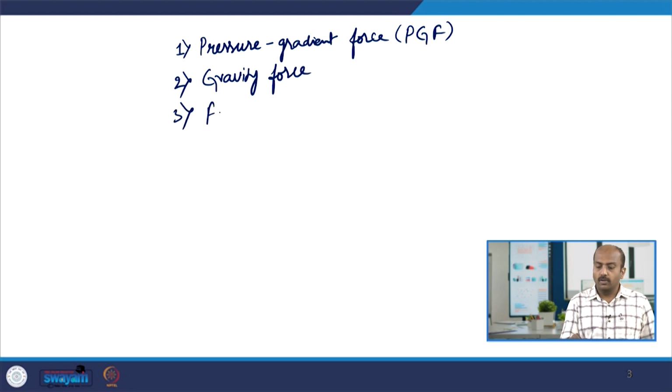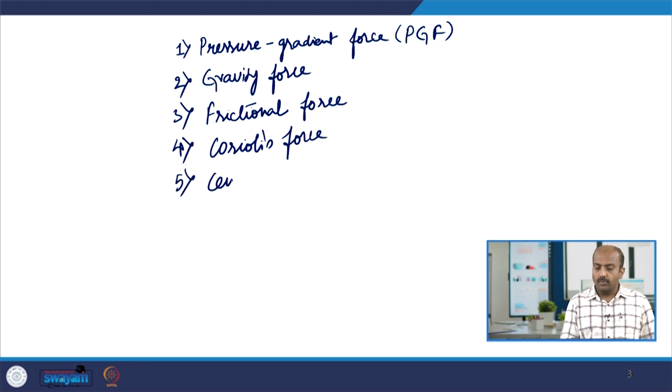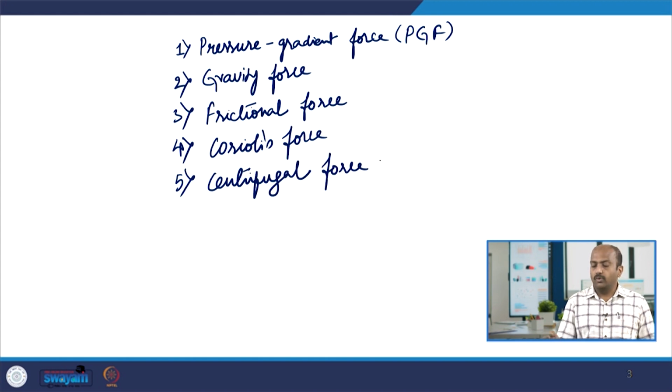Then you have the frictional force. Then you have the Coriolis force. Then we have the centrifugal force, that is it.